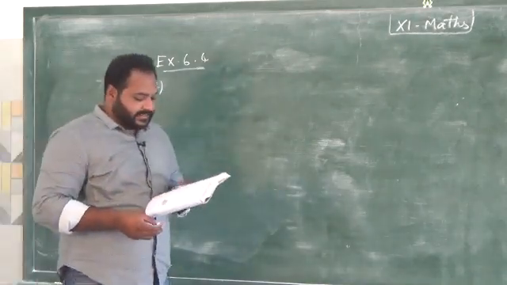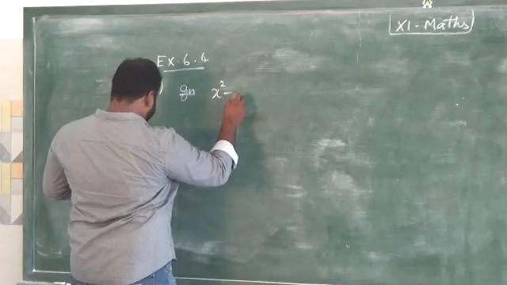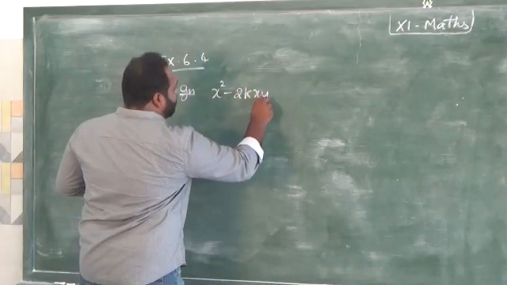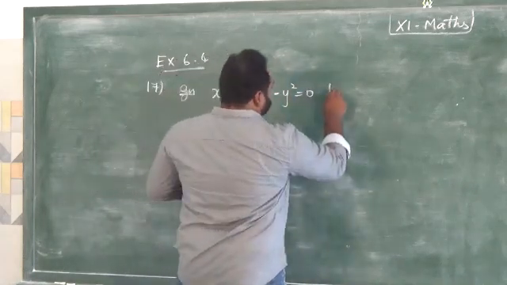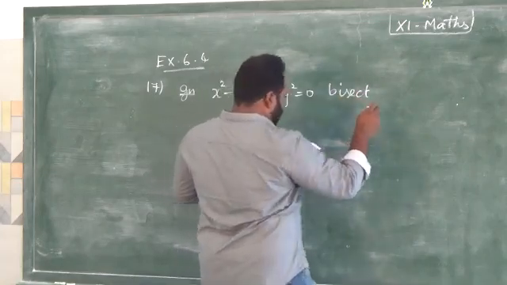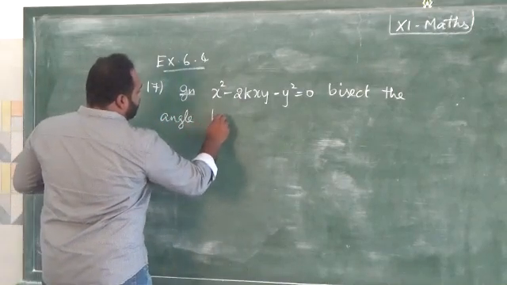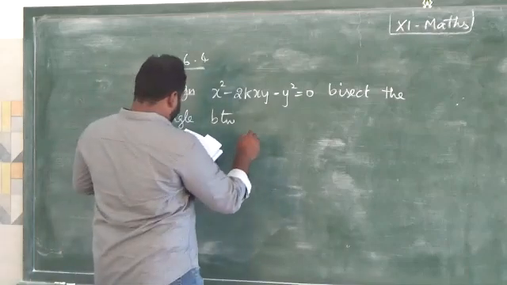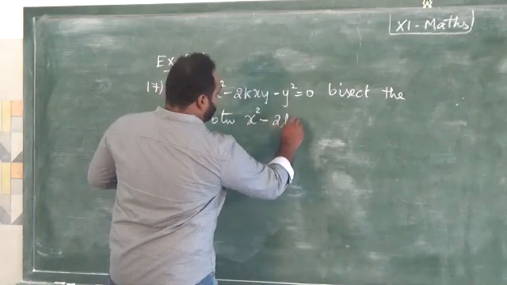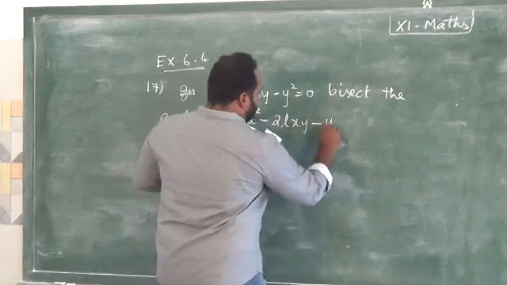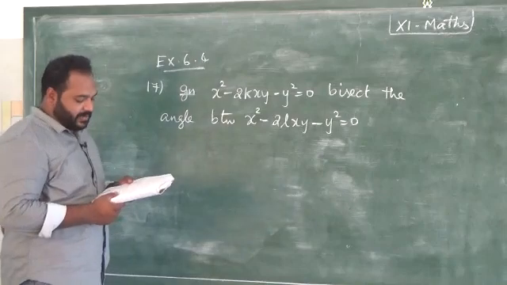If the pair of straight lines x square minus 2kxy minus y square equal to 0 bisect the angle between x square minus 2lxy minus y square equal to 0, show that the latter pair also bisects the angle between the former.